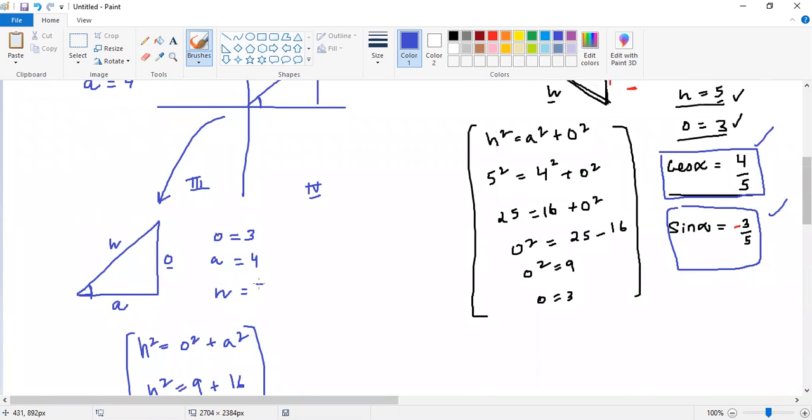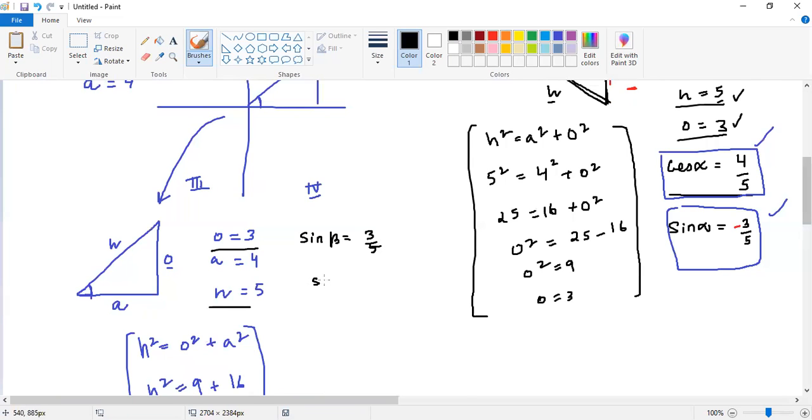So our H is equal to 5, which means that the sine of beta, SOHCAHTOA tells us, is O over H, which is 3/5.